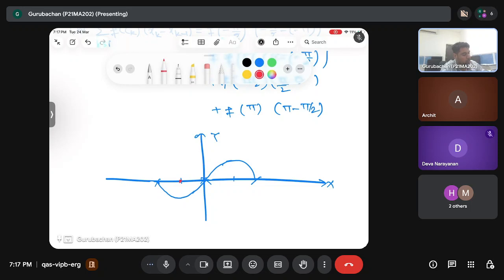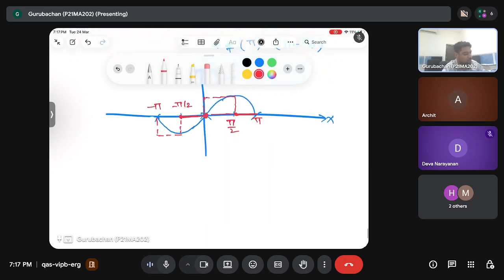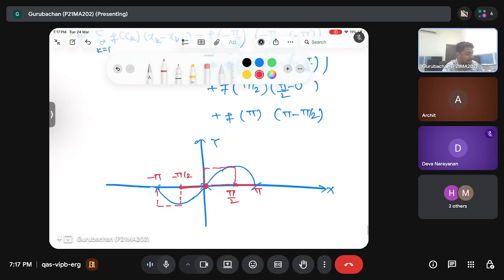This is pi by 2. This is your functional value, that is 1. So this will be your rectangle. But when you go from minus pi by 2 to 0, what is the functional value? 0. Then this will be a line. Between 0 to pi by 2, this is 1. So this is your rectangle. And between pi by 2 to pi, at pi it is 0.